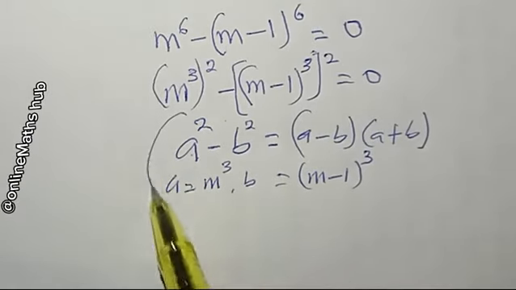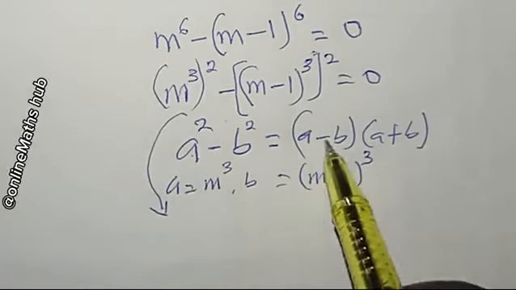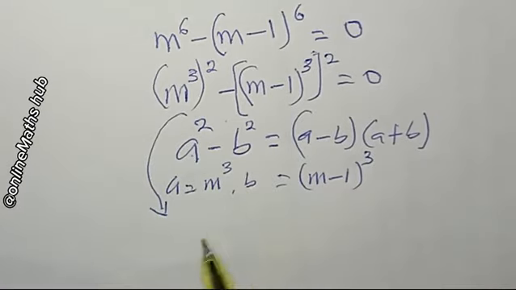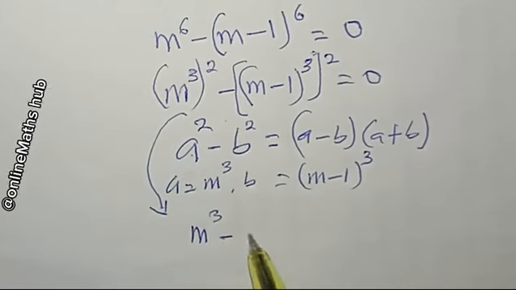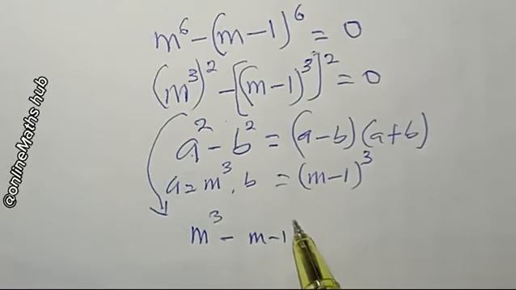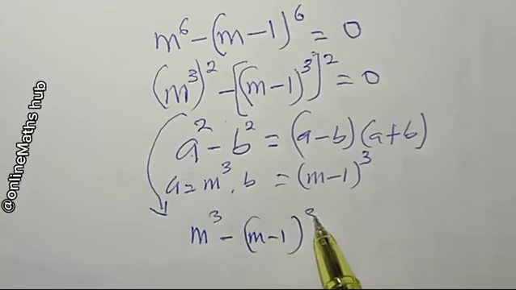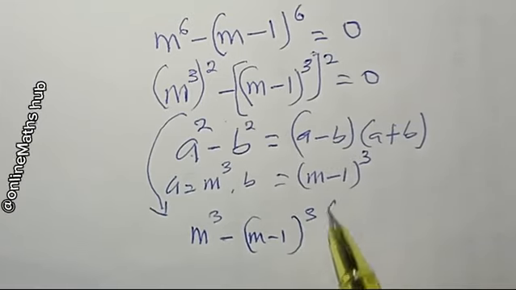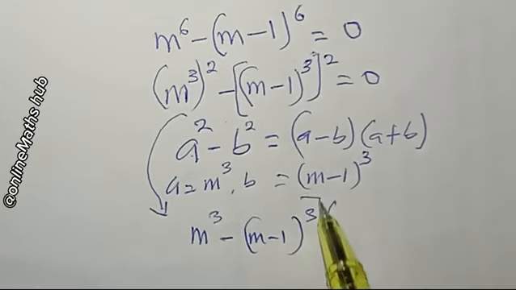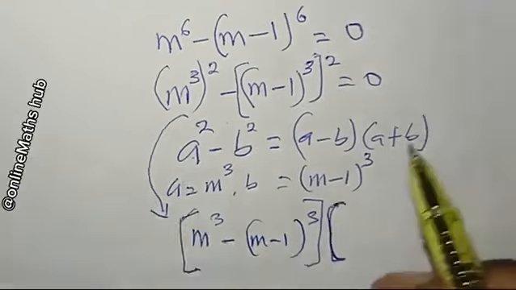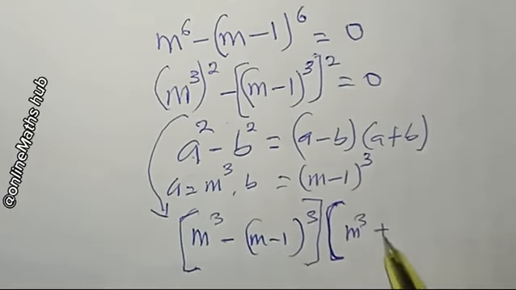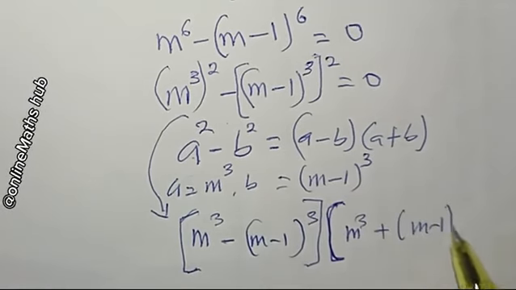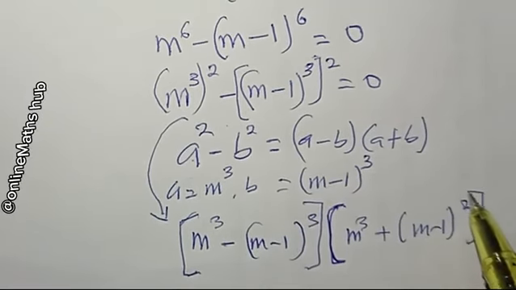Having written that, I can now go ahead to expand. a minus b here will be equal to m cubed minus (m minus 1) raised to power 3, and all multiplied by a plus b, which is m cubed plus (m minus 1) cubed.